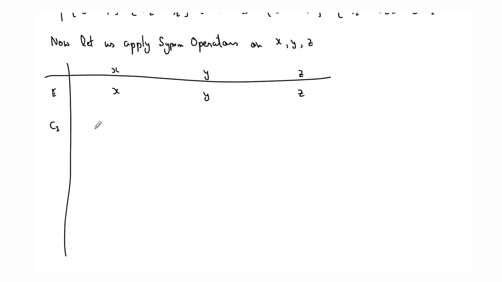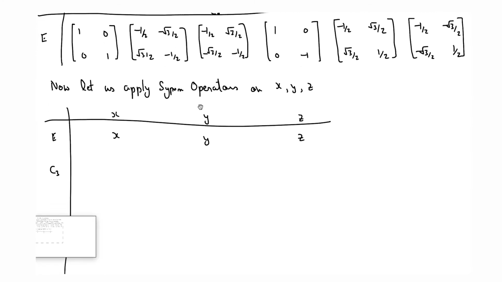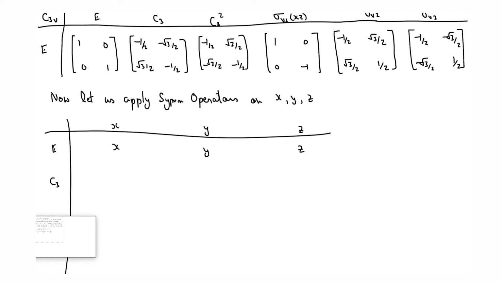Now for C3, we can use this matrix over here to say what happens if we apply C3 onto x. We get minus half x minus root 3 by 2 y. When C3 is applied on y, we get root 3 by 2 x. So you have the matrix.